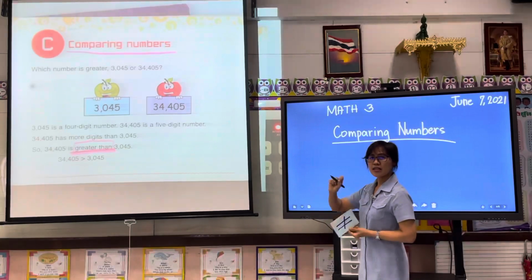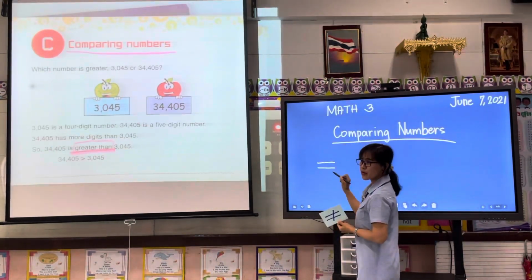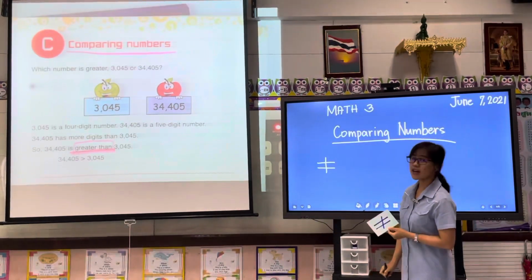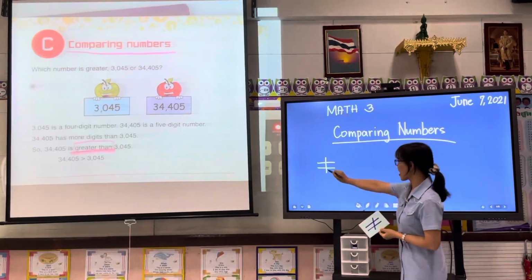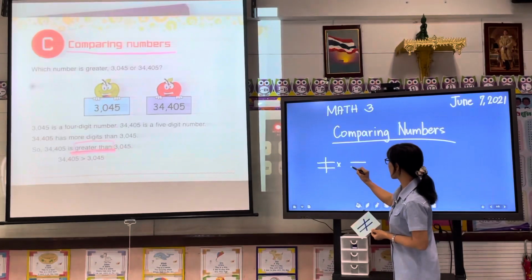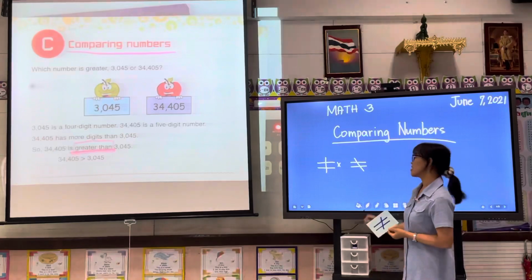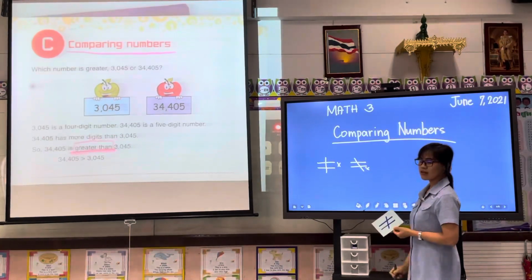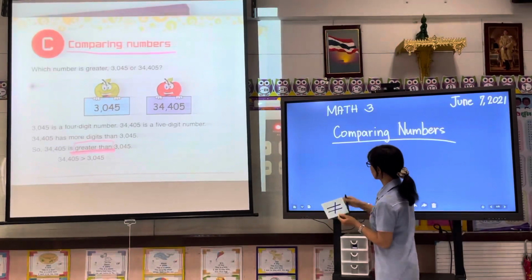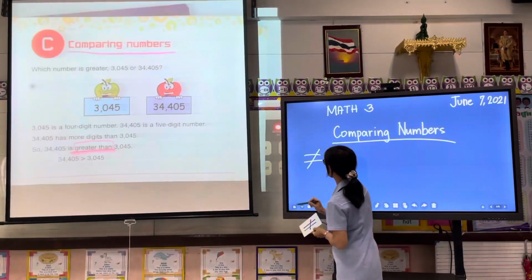I noticed that some of you students wrote this sign just like this, which is not correct. And I also noticed some of you wrote it like this. It's not correct also. So the correct sign is just like this. Okay? Slanting.